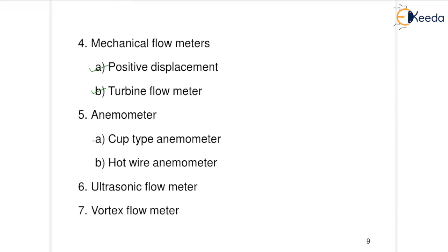Fifth, anemometers: cup type anemometer, hot wire anemometer. And the sixth one is ultrasonic flow meter. Seventh one is vortex flow meter.